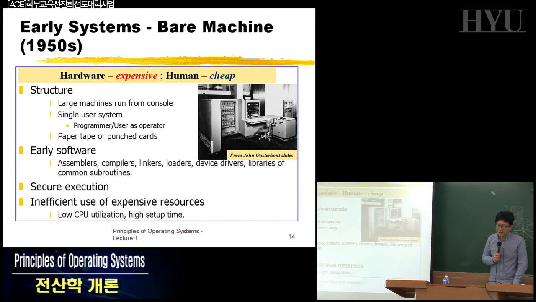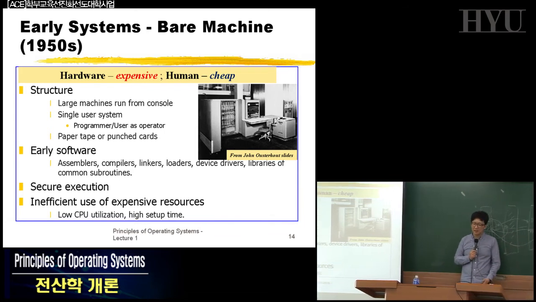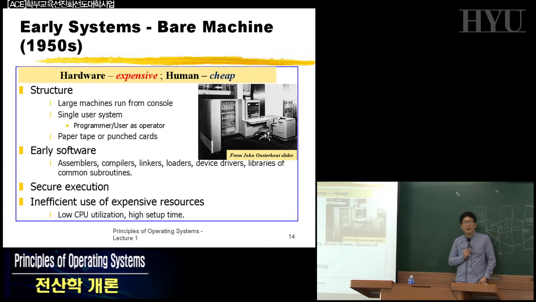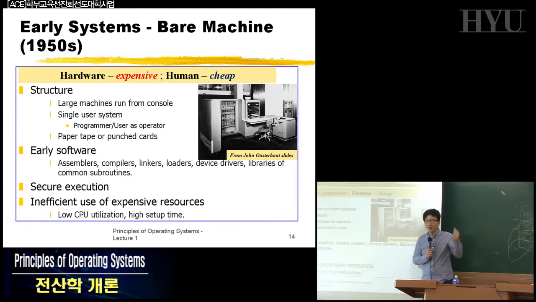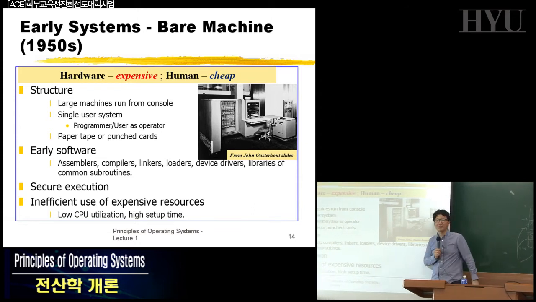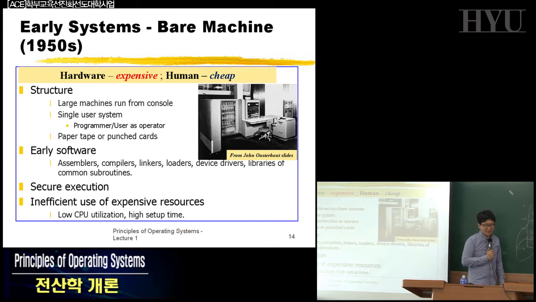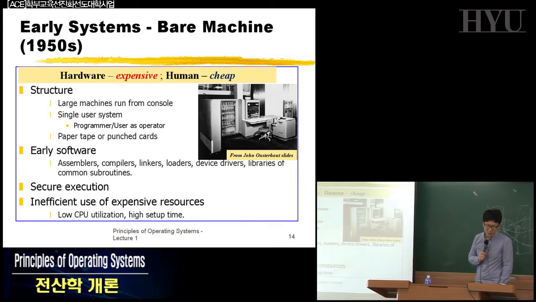Inefficient use of expensive resources. Low CPU utilization, high setup time. I mean, imagine that you try to do your program on the punch card. You put holes in the paper. At the last step, you made a mistake. You put a hole in somewhere else. You have to do it again. 그죠? 미치는 거지. 제대로 하고 있는지 안 하는지도 모르고.